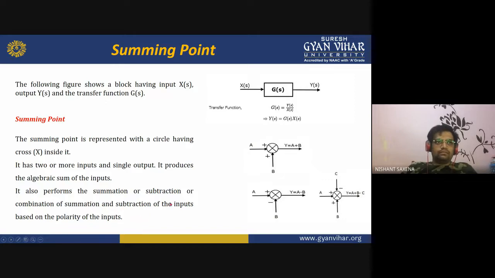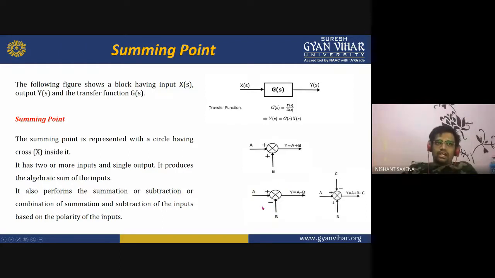Now it also performs summation or subtraction or a combination of summation and subtraction of inputs based on the polarity of the inputs. We have seen that this is only performing the summation of the inputs, since the polarities are both plus. In this, we are having the 2 inputs with one positive polarity and one with negative polarity.